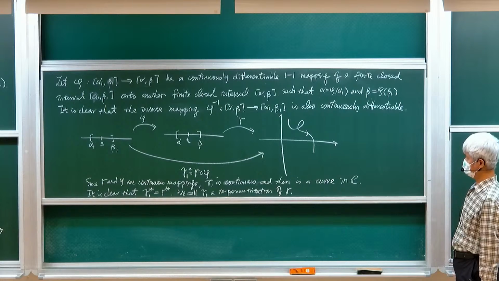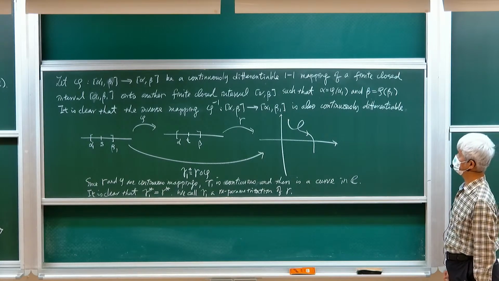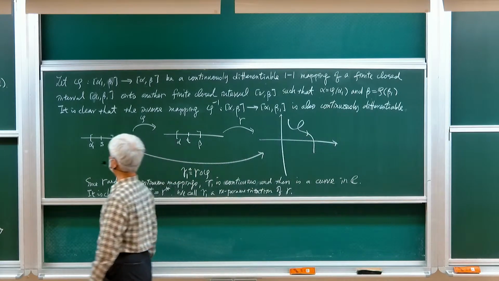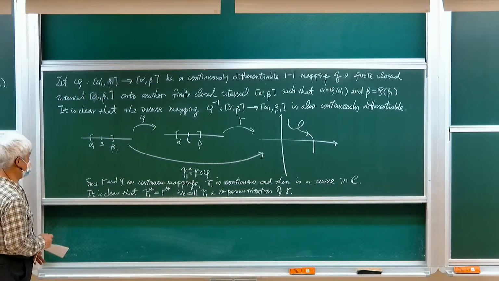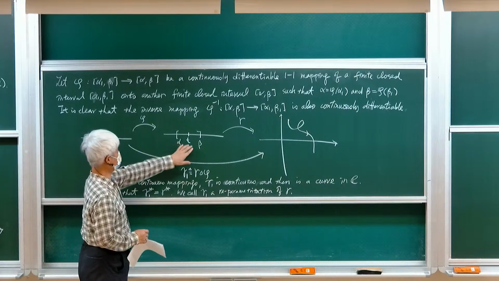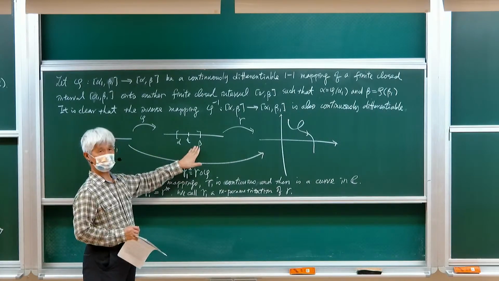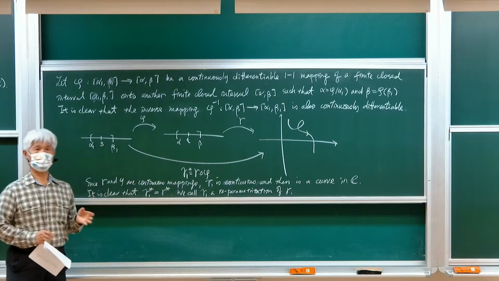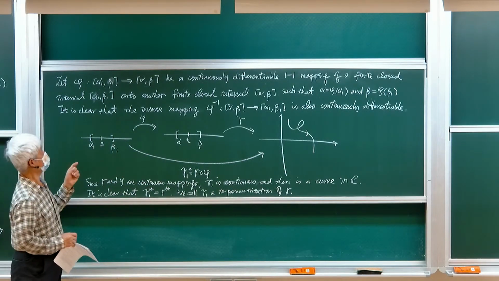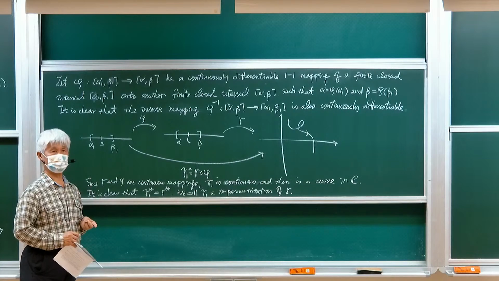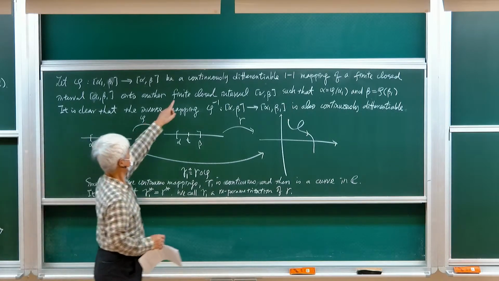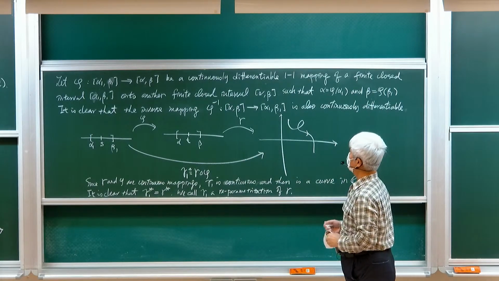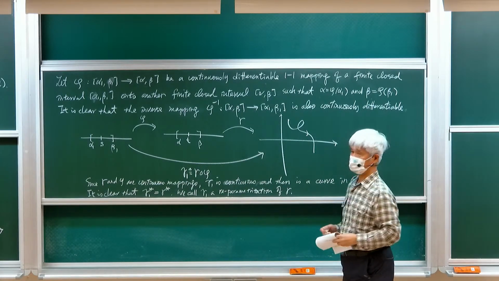So the reparametrization will be established if two parameter intervals can be associated by a continuously differentiable 1-to-1 mapping. Okay, continuous differentiable. Any questions?